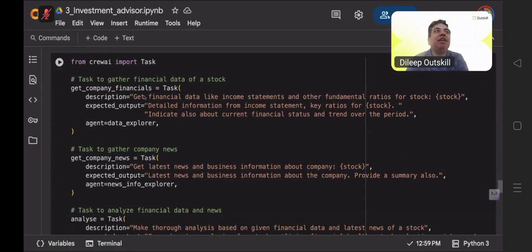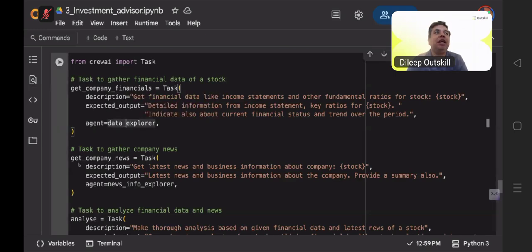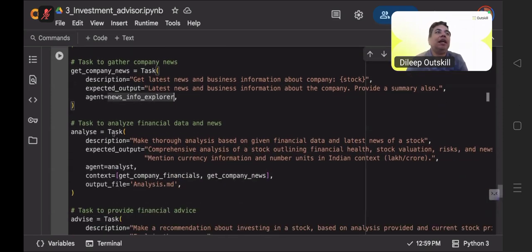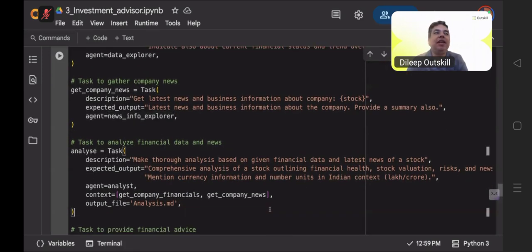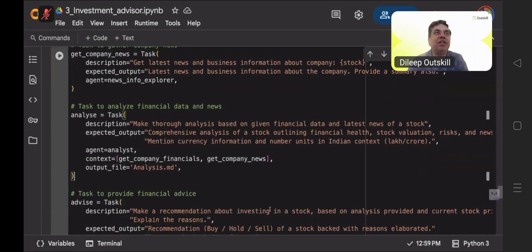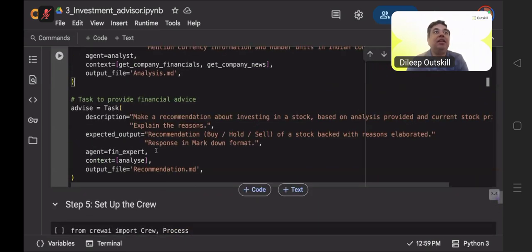So get company financials is a task which uses the data explorer agent. Get company news uses the news info explorer agent. Then analysis is going to use the get company financial and get news task outputs to make my complete analysis. This is what the analyze task will do. Then the advice task will look at the analyze output and do the same.